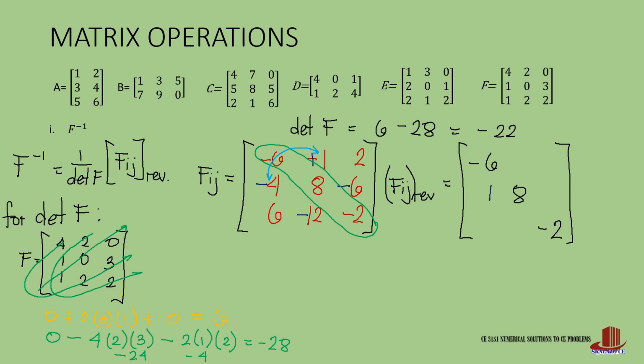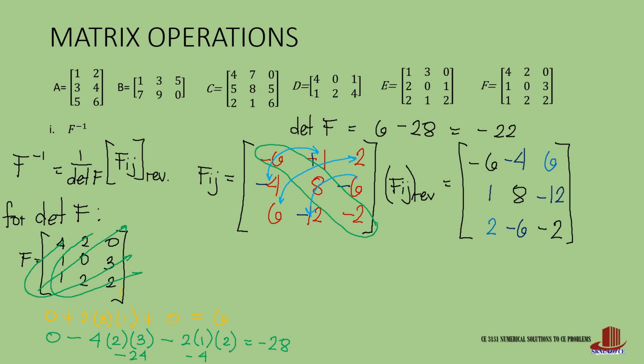So +1 goes down, -4 would stay up. Next would be our pair of 2 and 6. 2 stays down, 6 goes up. And lastly, we would have -6 and -12. And that would be for our reverse.